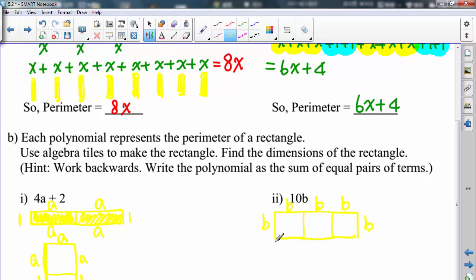On this side, I have 5b, so I only need to put another 3 big yellow squares underneath. So 1b, 1b, 1b, and 1b, another 5b's. 5b on the top, 5b on the bottom, 5b plus 5b, 10b.